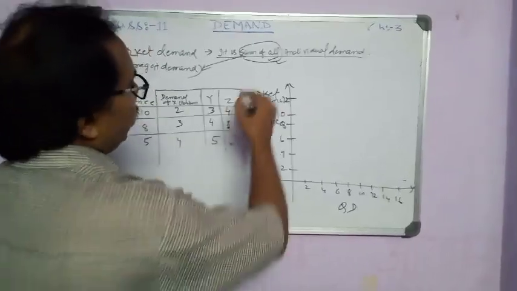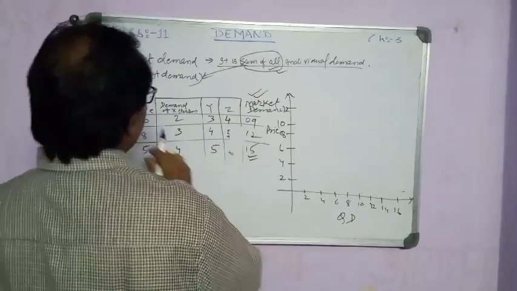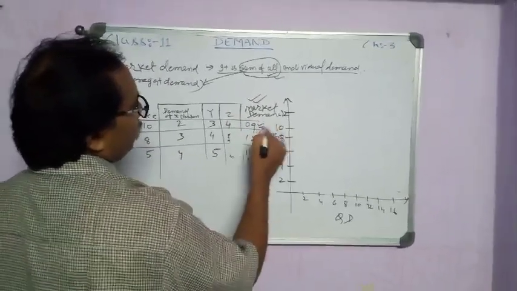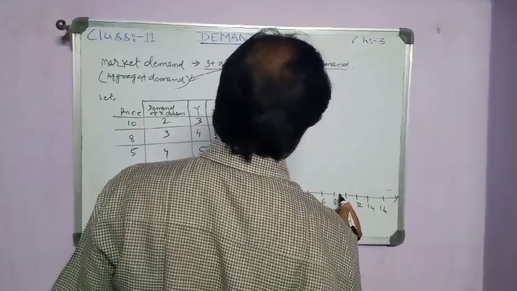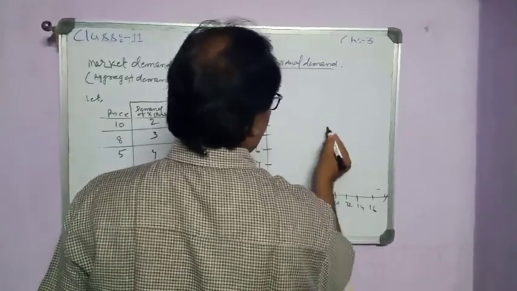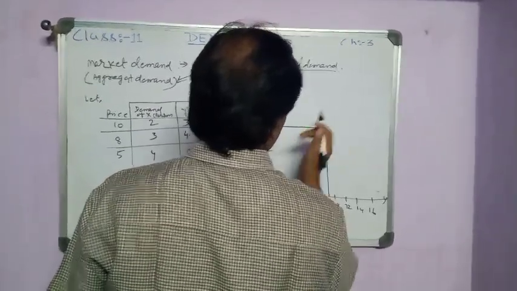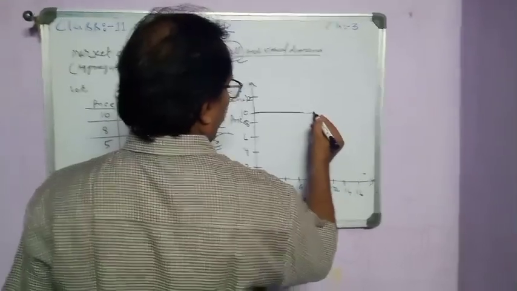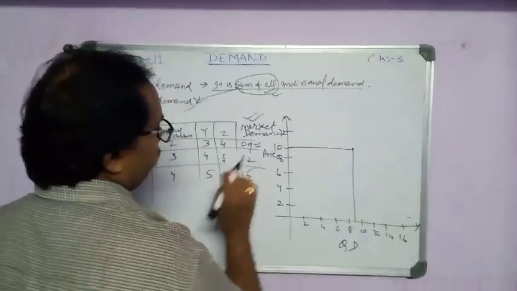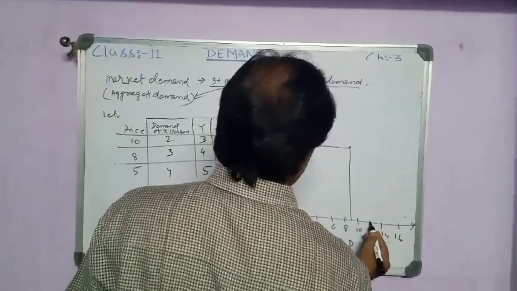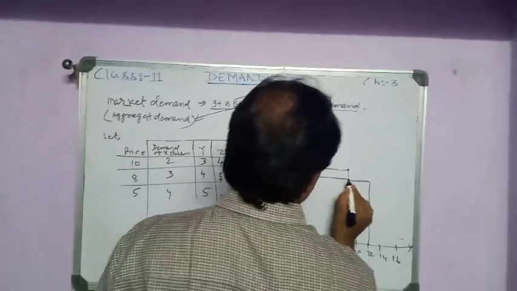So if we draw only the market demand, what will we get? When the price is rupees 10, consumers are ready to buy 9 units. Is it clear? So 1 point is obtained. When the price is rupees 8, they are ready to buy 12, so 12 and this is 8.